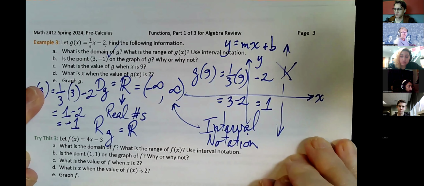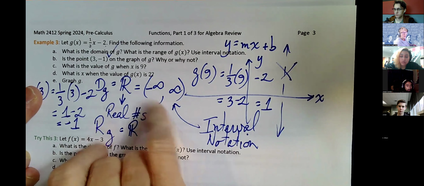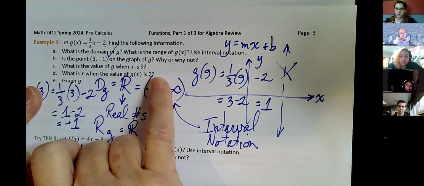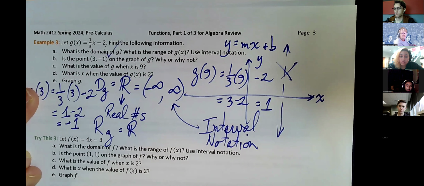Okay, well, here's a little bit of a different thing. What x will give us g of x equals 2? x equals 12. Yeah, good.